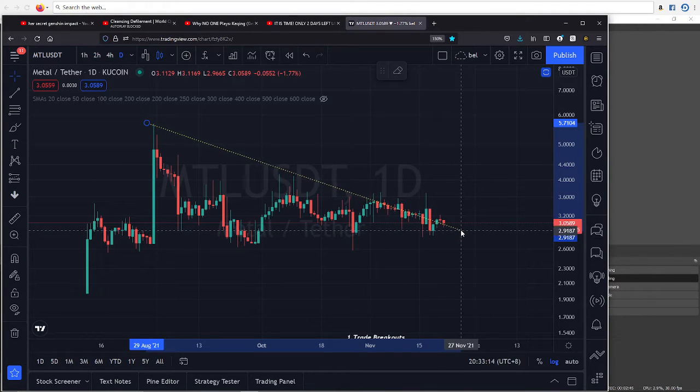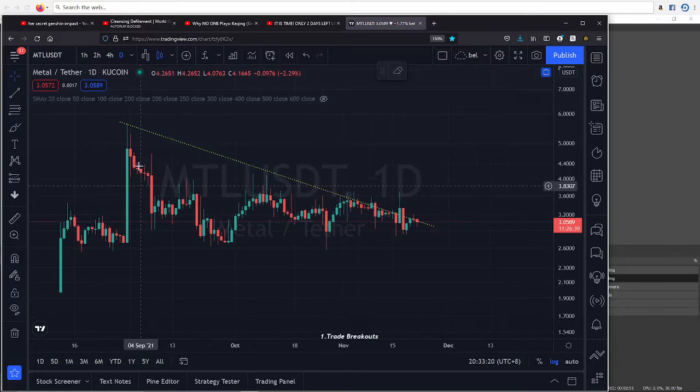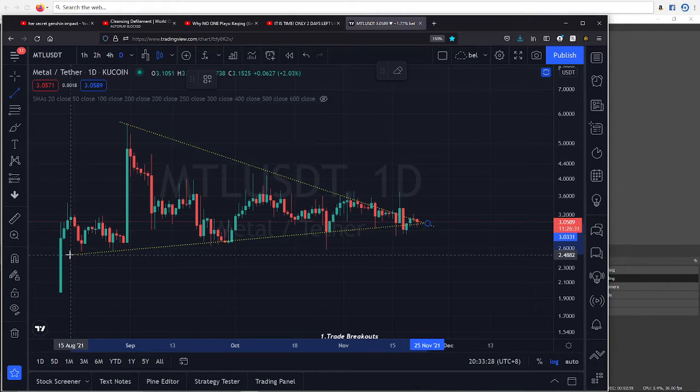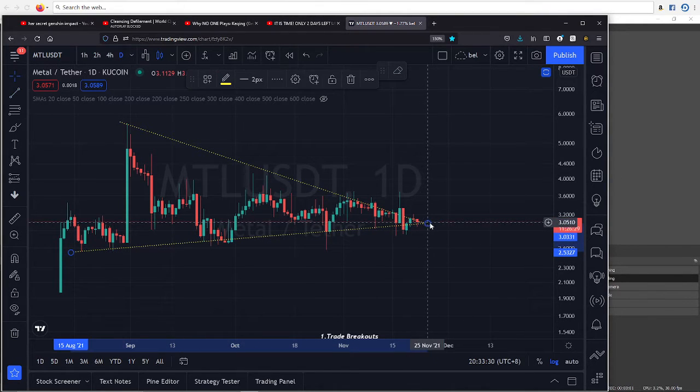If you want, you can even try using this. So there's probably a pattern that you can trade a breakout of. Maybe something like that.